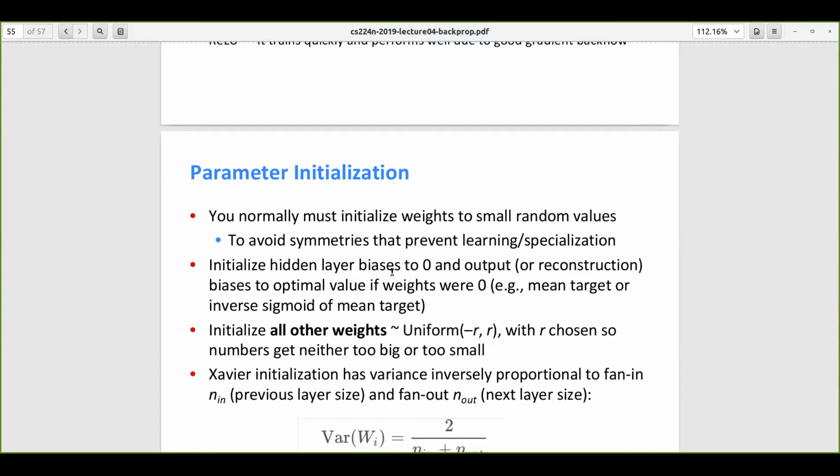So to avoid that, instead of using zeros as the initial weights, you have to randomize the weights instead of using any standard value for all of them.